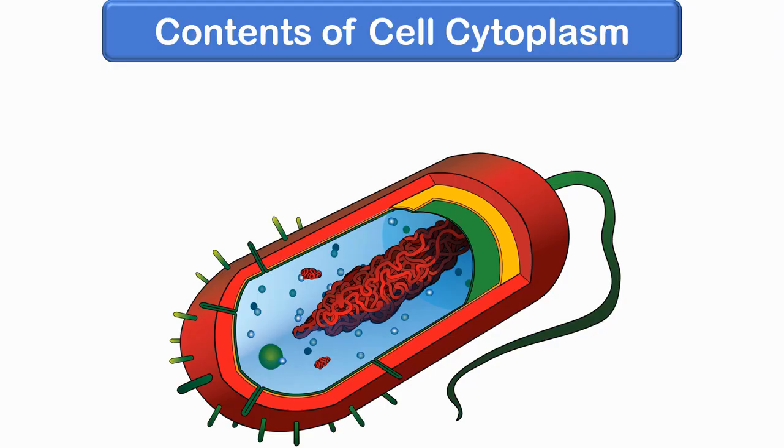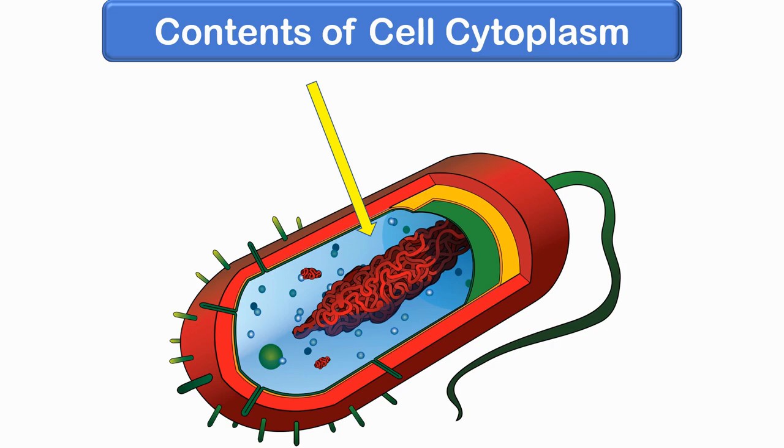Till now we have covered the external components and the cell envelope. Now coming to the contents of the cell cytoplasm. Inside the cell membrane there is a gelatinous solution referred to as cytoplasm. It is another prominent site for many of the cell's biochemical and synthetic activities. It is made up of water, which is 70 to 80%, that serves as a solvent for sugar, amino acids, and salts.